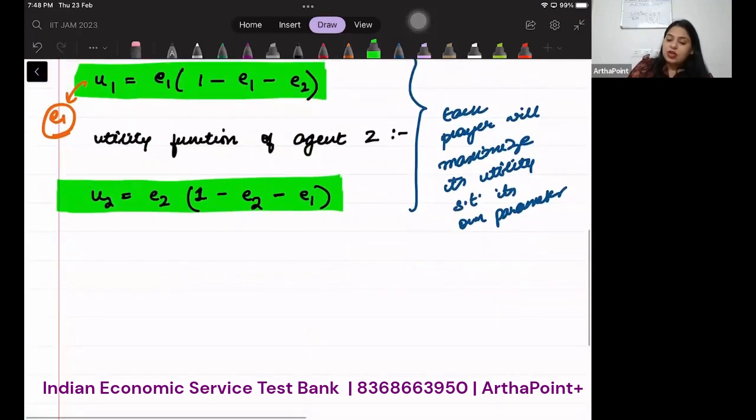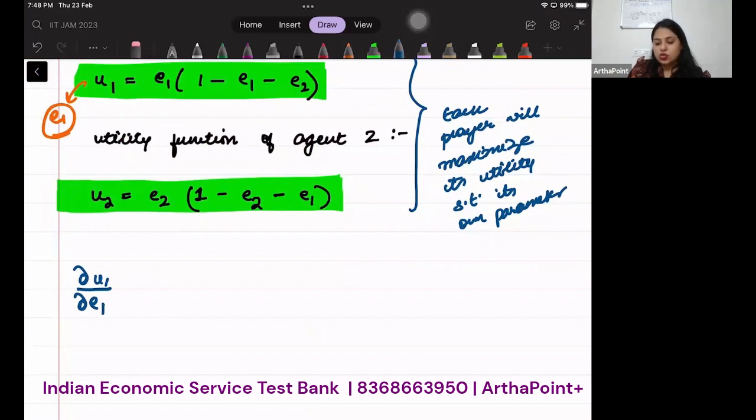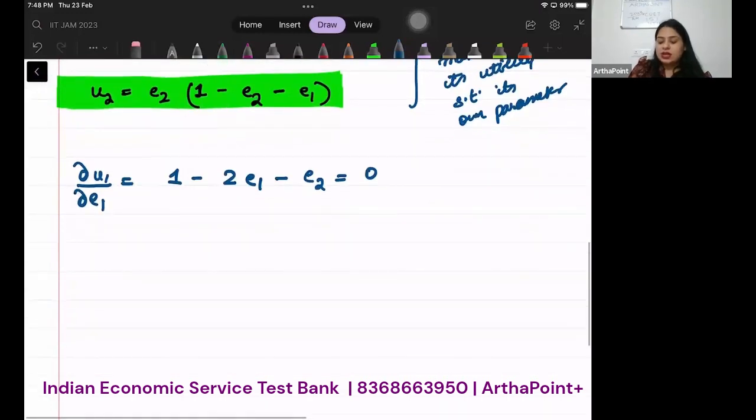So when you differentiate the utility function of agent 1, it will be with respect to E1. So what will you get? You can open this up: it becomes E1 minus E1 square minus E1E2. Hold E2 constant. You will get 1 minus 2E1 minus E2 is equal to 0. So you will get 2E1 plus E2 is equal to 1.